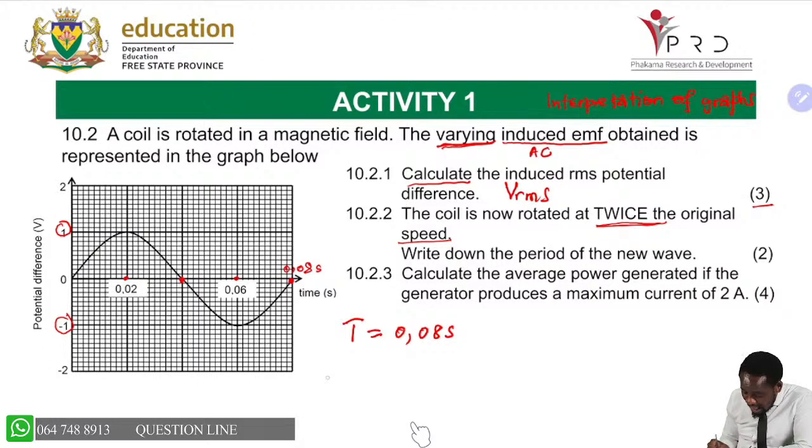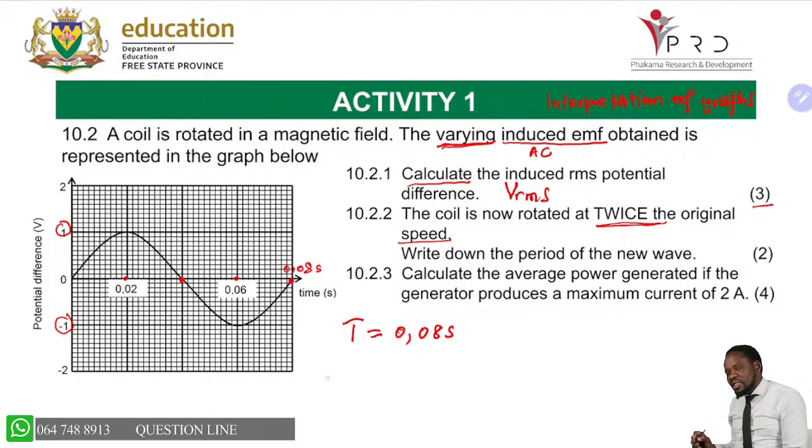I'll round off at the end. So P average is equal to, root 2 times root 2 is 2, and 1 times 2 is 2. So it's 2 over 2, which gives us 1 watt. So the average power in this case is 1 watt.